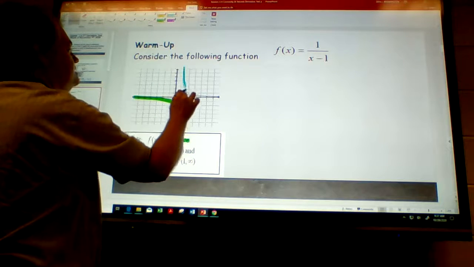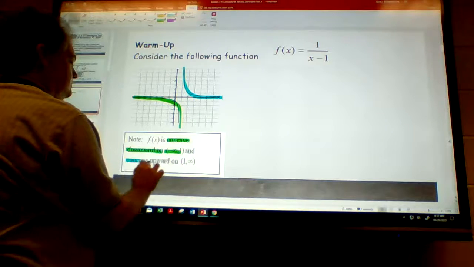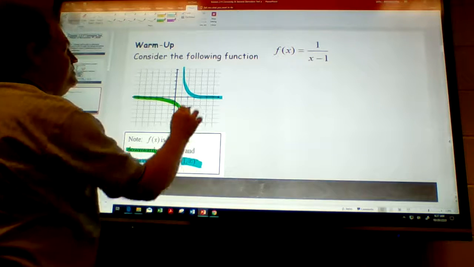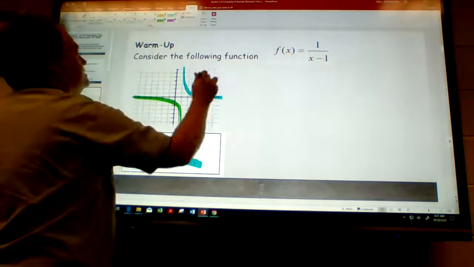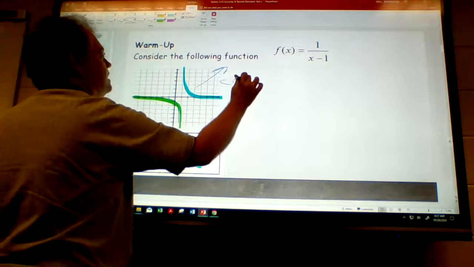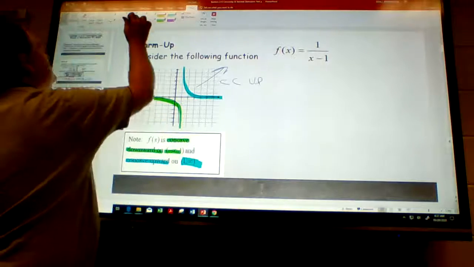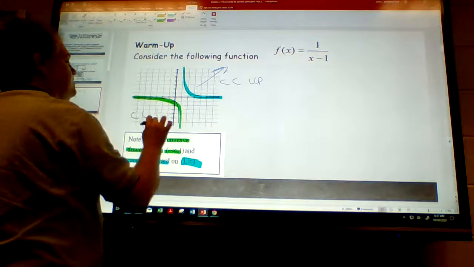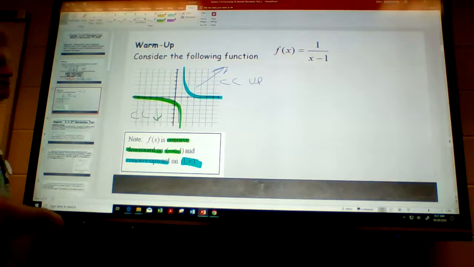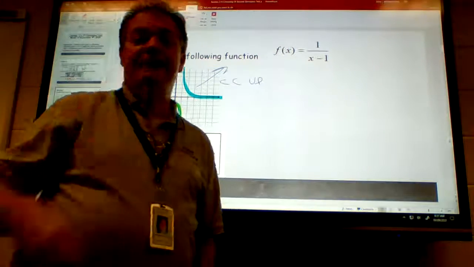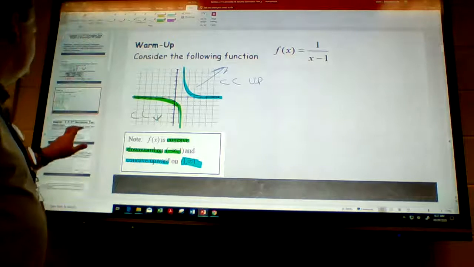On the other hand, from 1 to infinity, it's concave upward. That means it's facing up. So this is concave up, and this right here is concave down. So that's what we're talking about when we talk about concavity. That's the big thing I want you to get out of that.